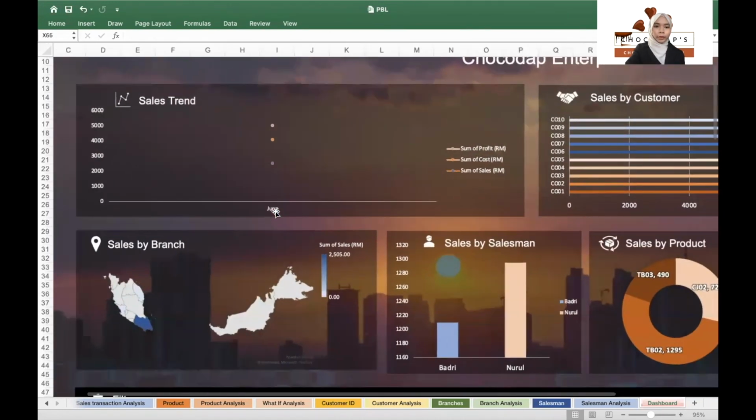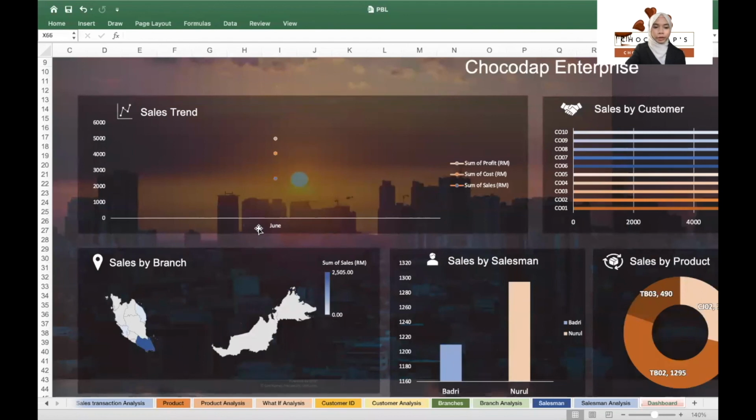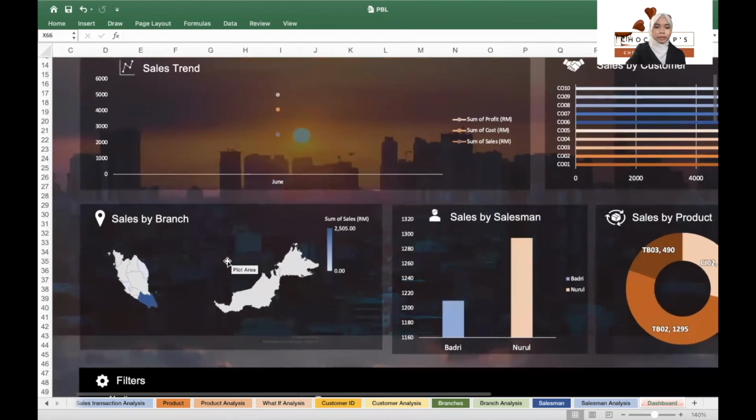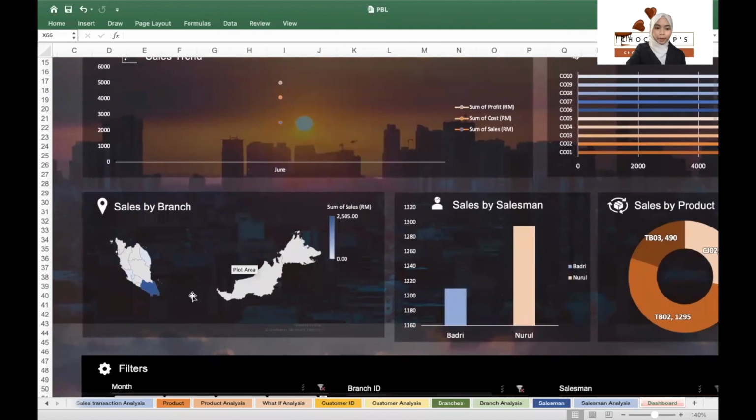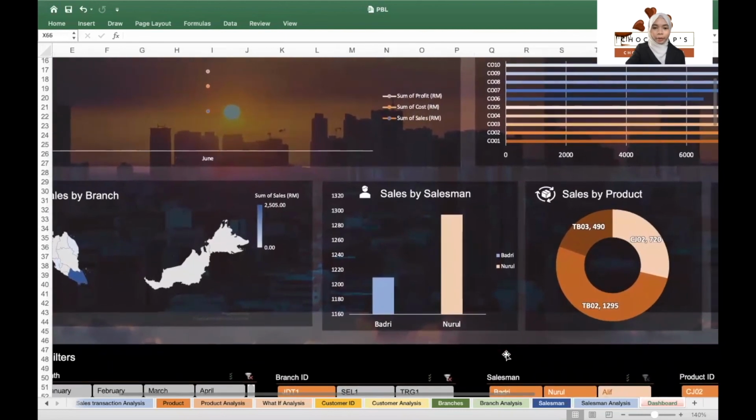So now we are going to see the sales trend of June, where the sum of sales is 2,505 ringgit, and this is the sales by branch, which is Johor, and this is sales by Badri and Nurul, the salesmen for the Johor branch.